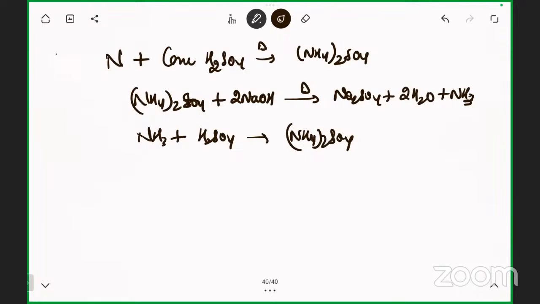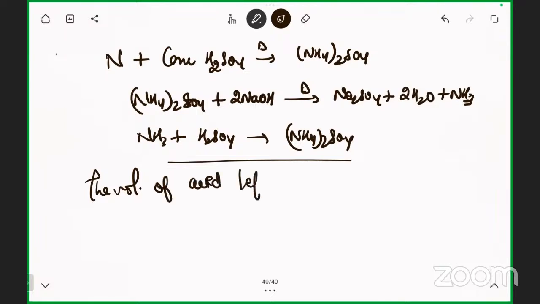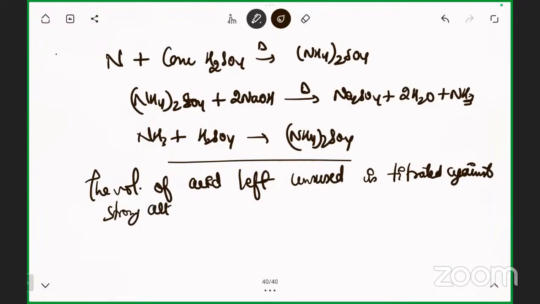This is a sort of acid base mixture. But the volume of acid left unused is titrated against a strong alkali.